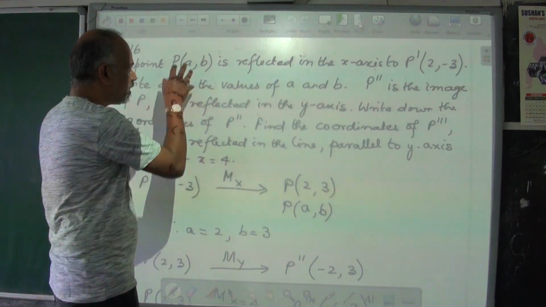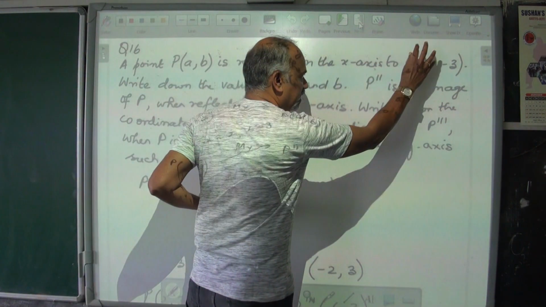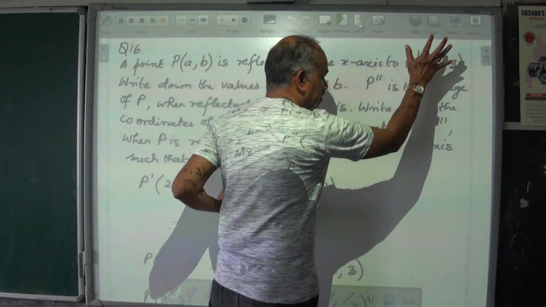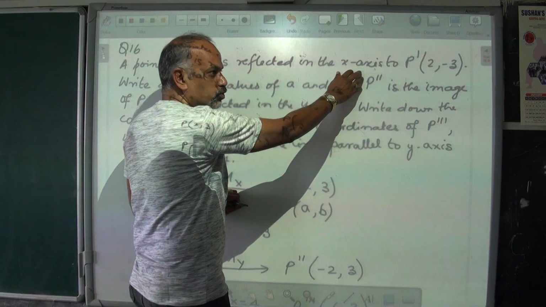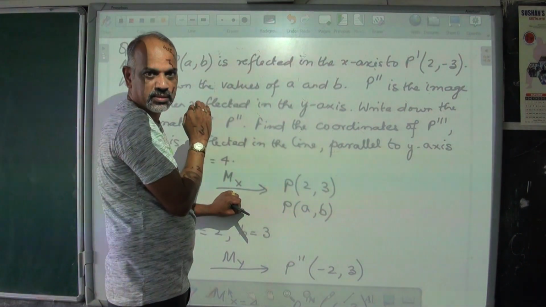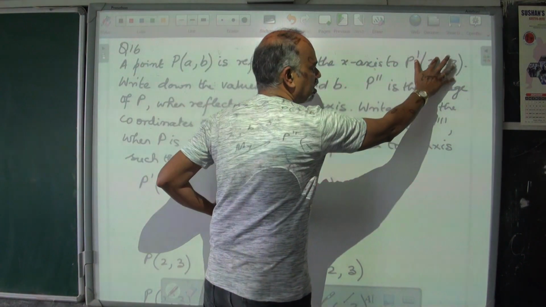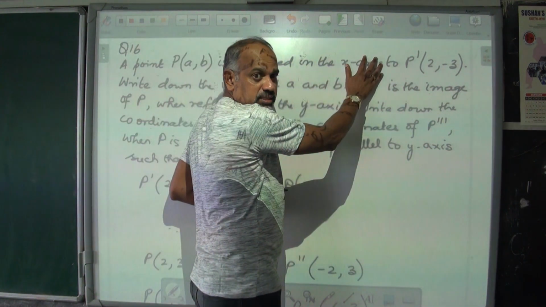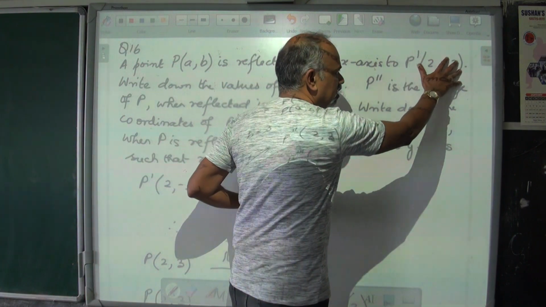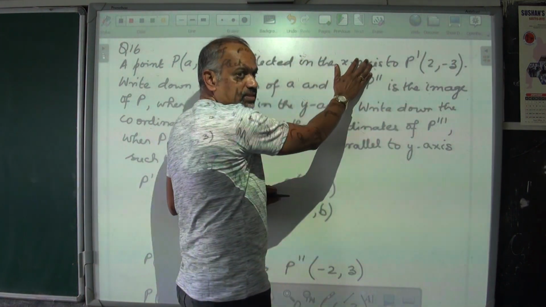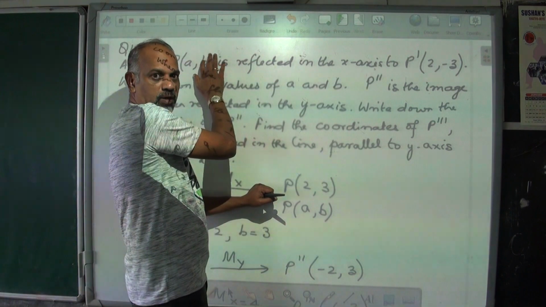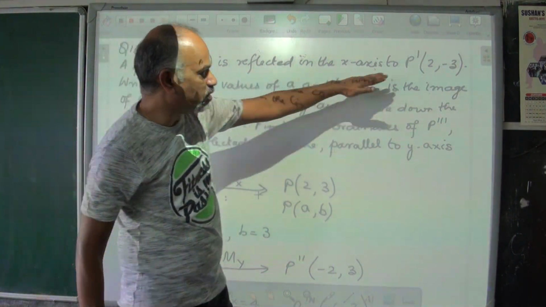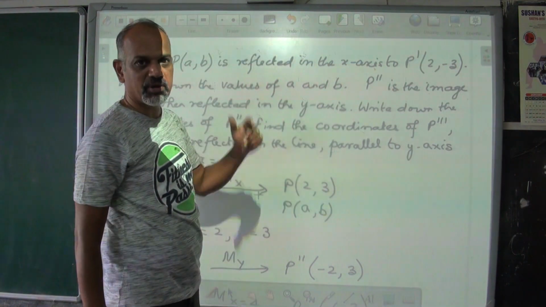Whether you reflect P on the x-axis and get P dash, or if you do the reverse, if you reflect even P dash on the x-axis, you should get back whatever is P. This is the object, this is the image. You start with an object, you reflect on the x-axis, you get an image. If you start with the image, if you reflect on the same axis, you will get back whatever was the object. So instead of starting from P, you can start from whatever is known and do the same reflection.